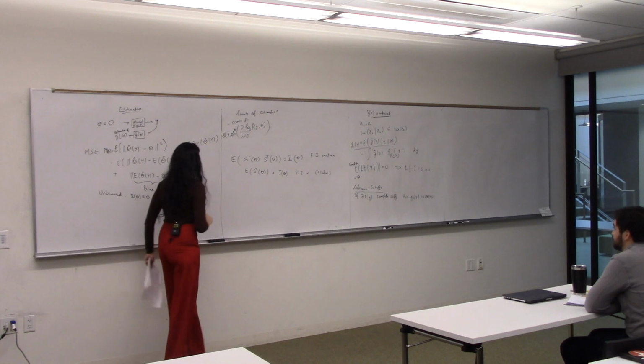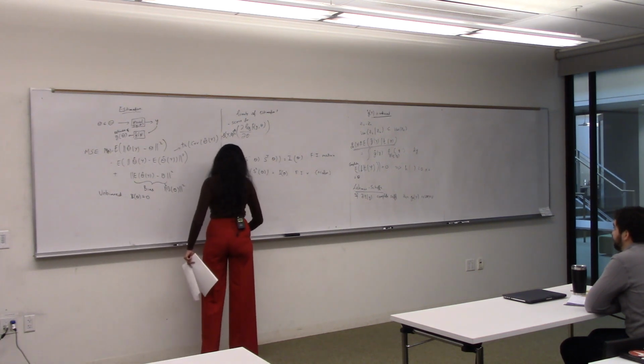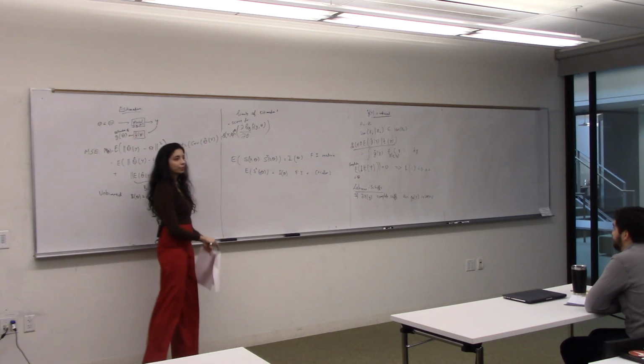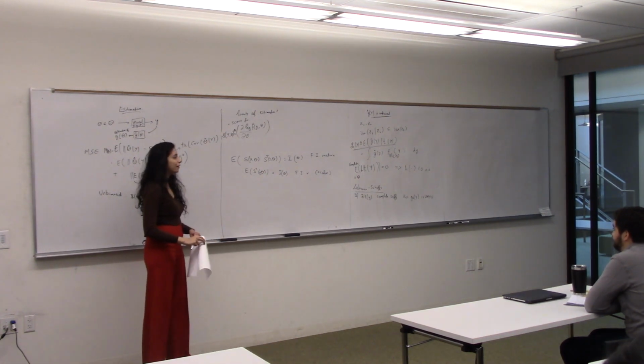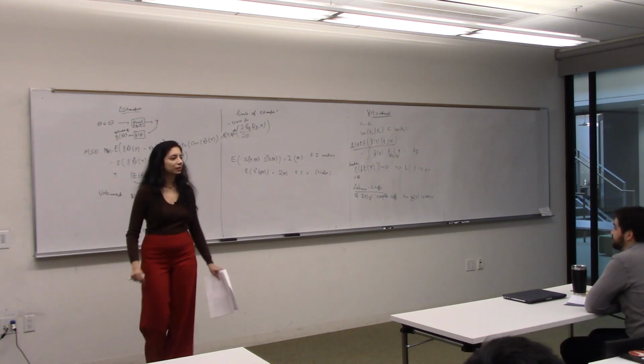So here there's also Y. I kind of made that implicit, but let's make it explicit. The expectation is with respect to the model, right? You're averaging over Y here. Is this clear?